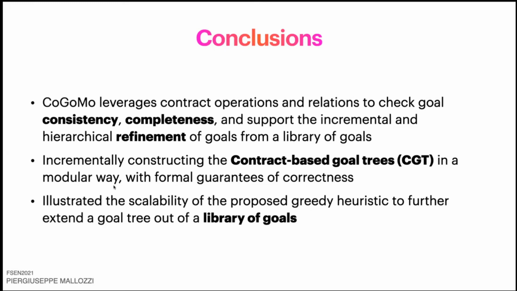We incrementally construct the new formal model that we have defined, which is named the contract-based goal tree, and we do that in a modular way with formal guarantees of correctness. And finally, we propose this algorithm to search a library of goals in a greedy way, which showed great scalability and good results in terms of our cost function.